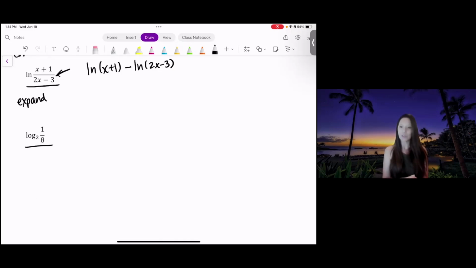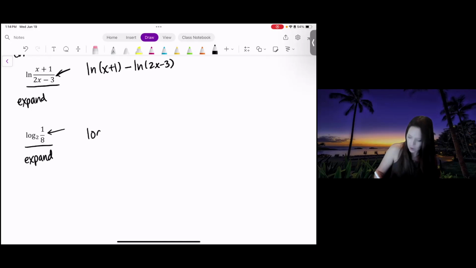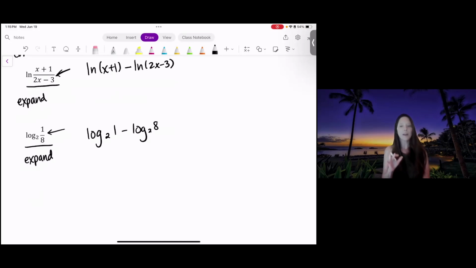Lastly, I have log base 2 of 1 over 8. I'm going to go ahead and expand that because, again, this is division. That is log base 2 of 1 minus log base 2 of 8. I can simplify this further using the 0 rule because 2 to the 0 is 1.